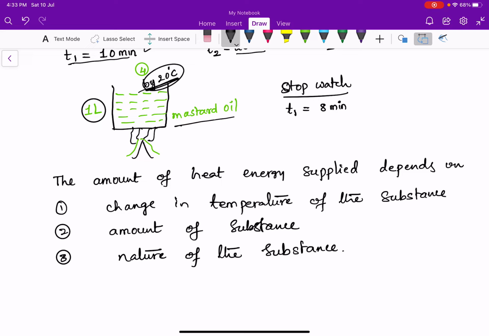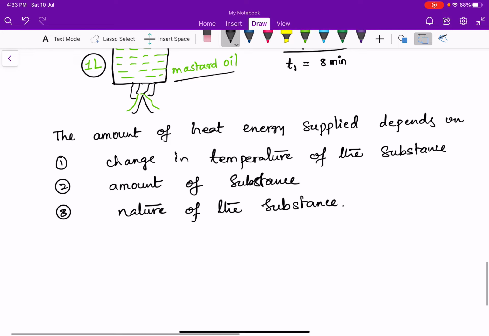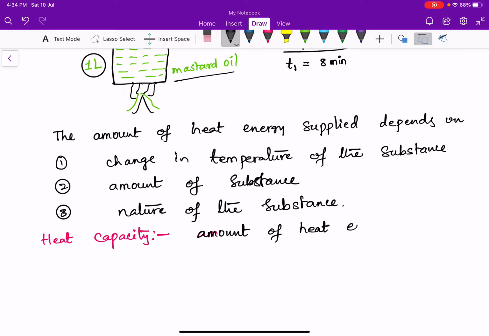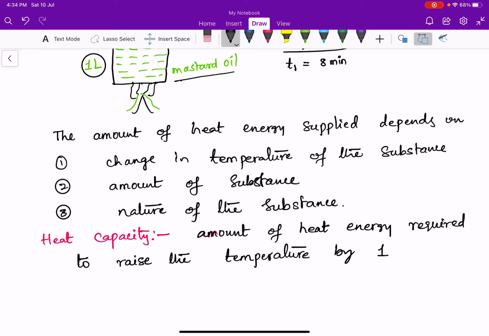So here I am going to define heat capacity first. Heat capacity is nothing but amount of heat energy required to raise the temperature by 1 unit or 1 Celsius degree.